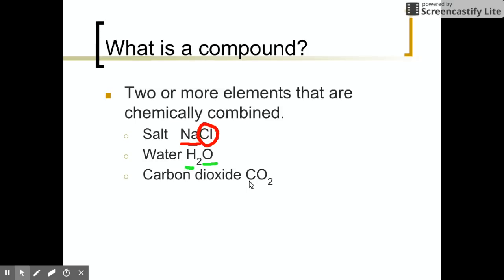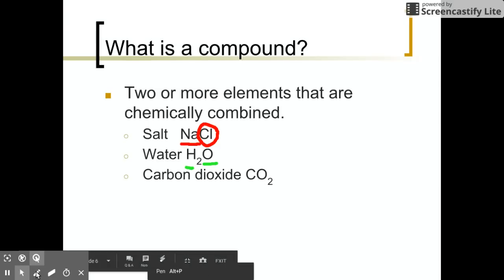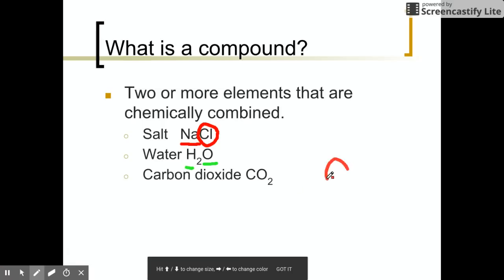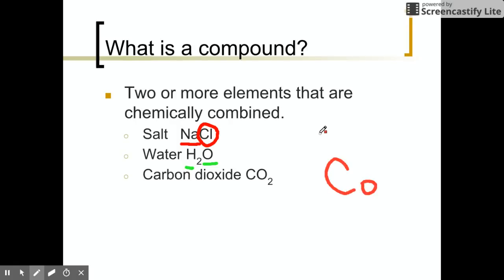That tells us that C stands for carbon, O stands for oxygen. Remember, this is why it is so important to use your upper and lowercase letters, because if you had an uppercase C and a lowercase o, that would be cobalt. And we're not talking about cobalt.